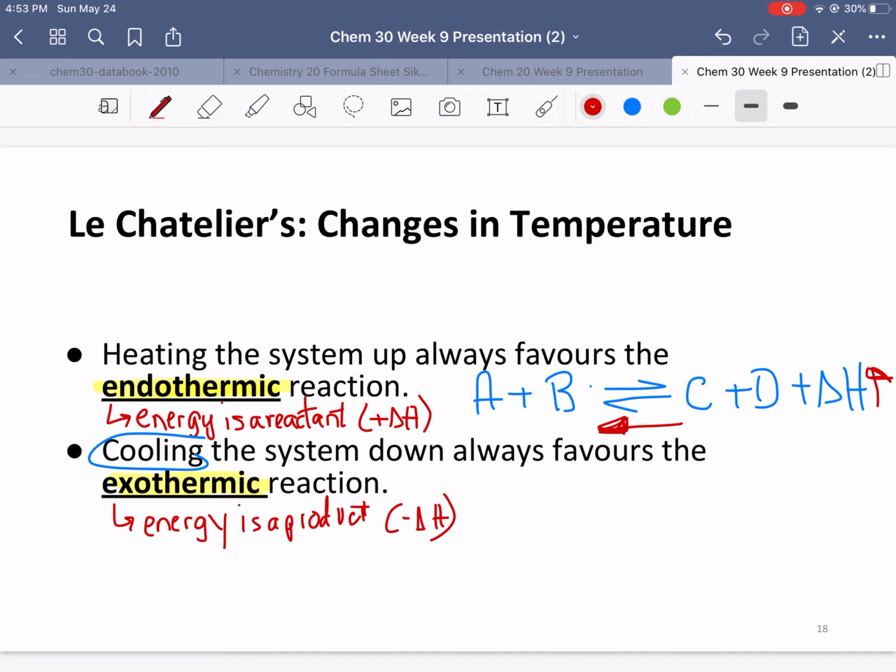It's going to go backwards to try to use it up. Think of the logic of that. That would be the endothermic reaction.